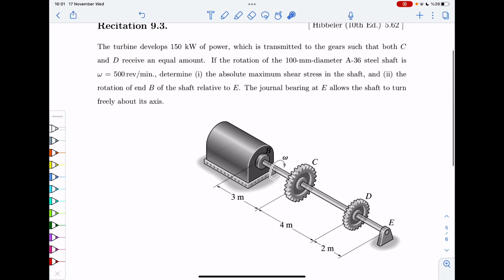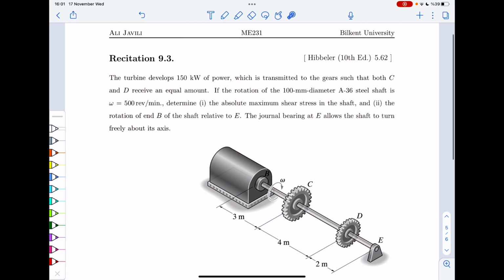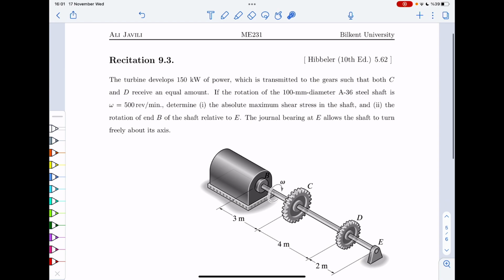we come to the next example then. We have a turbine that develops, so this is, let's say, the turbine at point B. It develops 150 kilowatts power that is transmitted to the gears such that both gears at C and D, they carry equal amount.